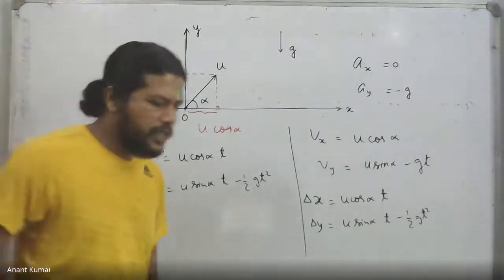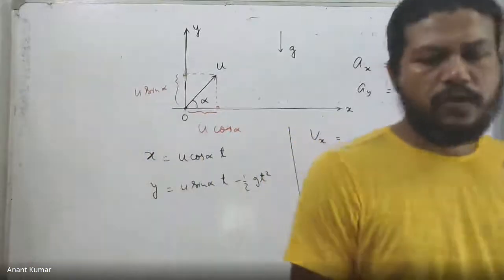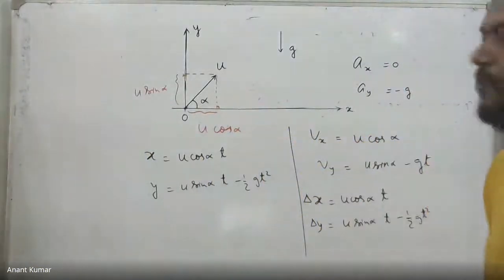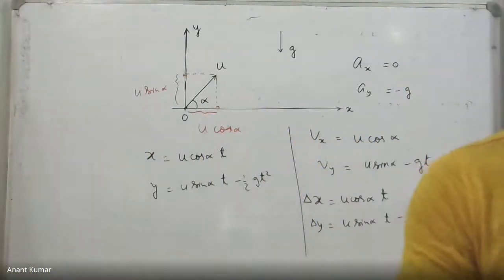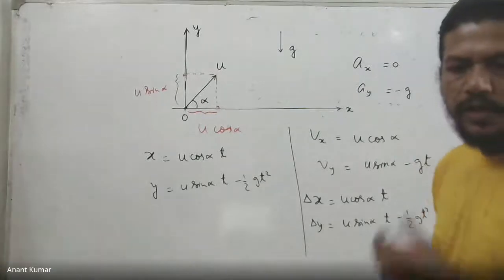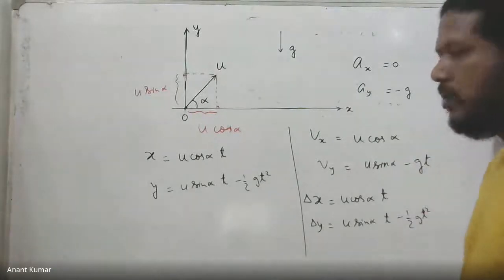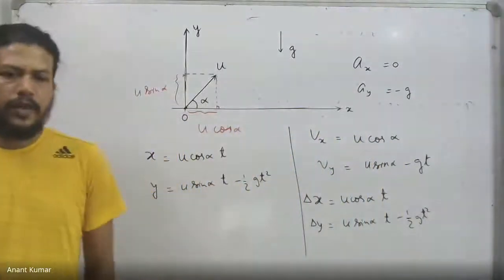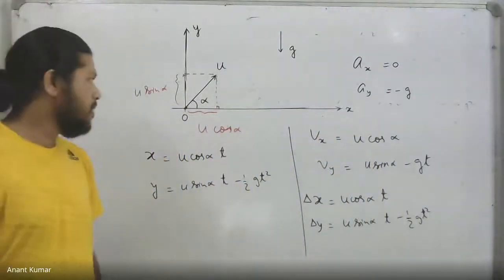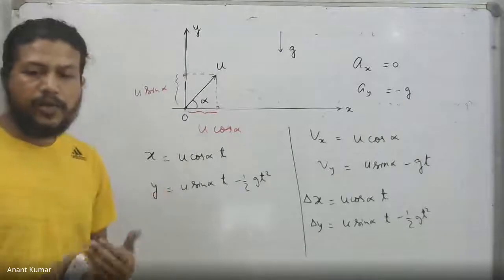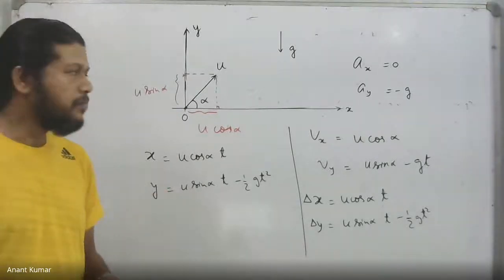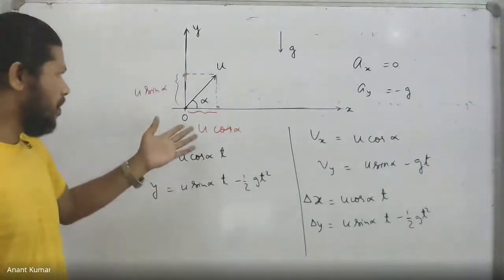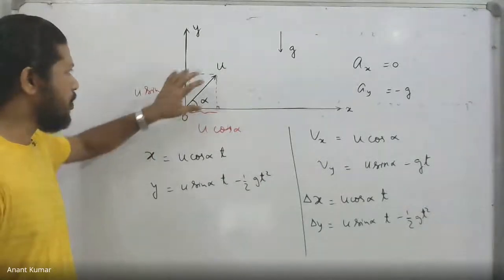However, what I was saying, one thing that you should keep in mind, is what you can do in many cases as well, when, for example, the initial position is not the origin. It may happen that you have chosen the origin at some other point, not at the point of projection. Maybe you say that the origin is over here itself, but the projection point has shifted.